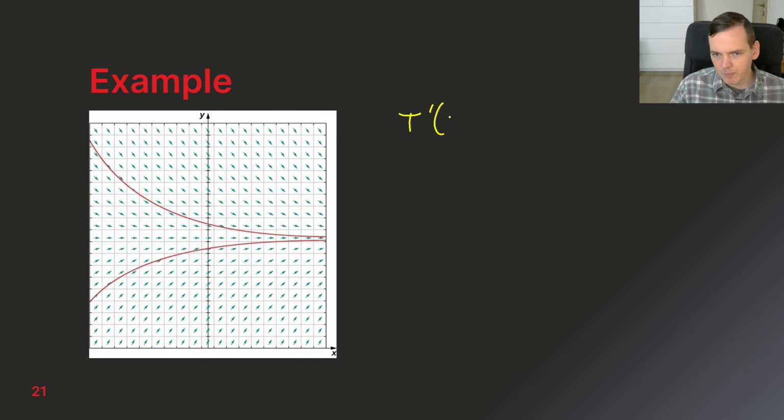Y prime of x is equal to negative 0.4 x minus 72. I don't know why this is written differently in the notes, but this should be y and x. Let me just restart that.